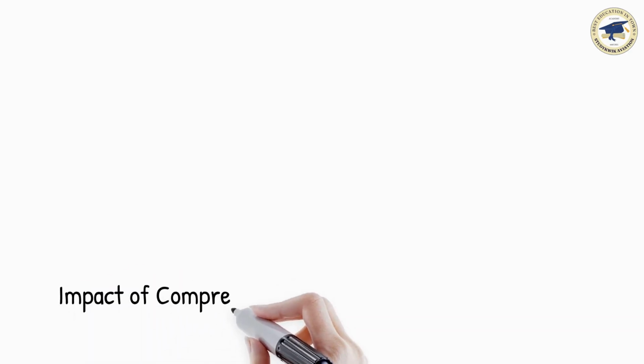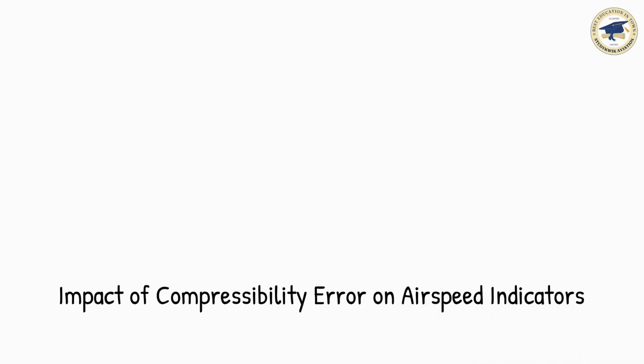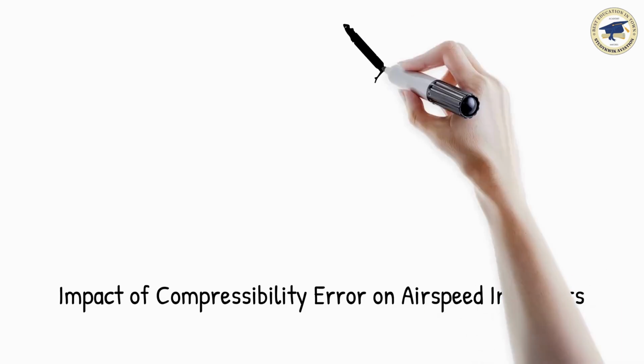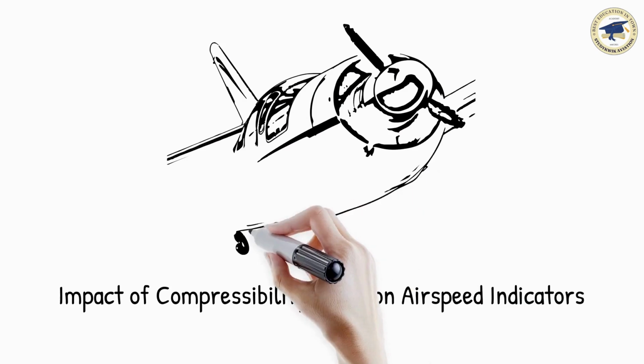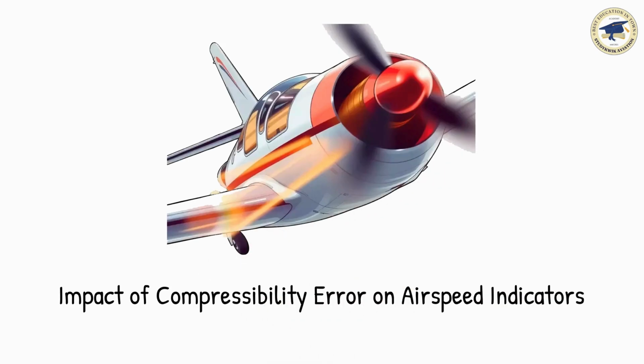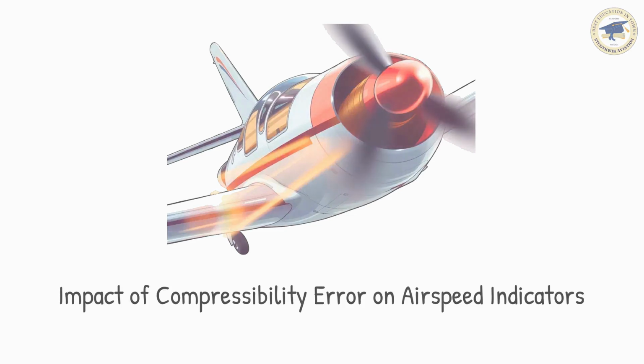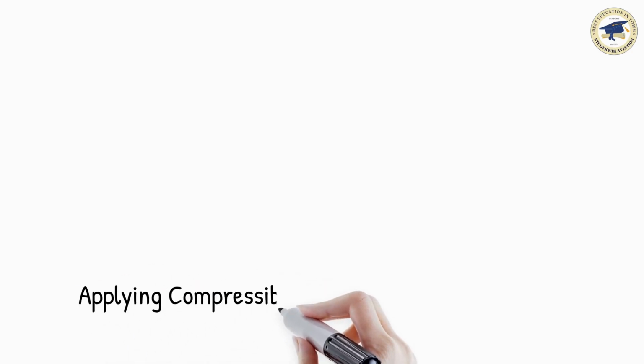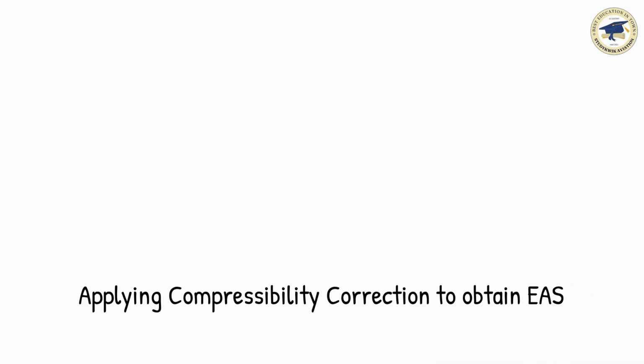But there's one more error to consider, compressibility error. At higher speeds, especially above 300 knots, air becomes compressible when brought to rest in the pitot tube. This compression makes the sensed pressure artificially higher, which causes the ASI to overread. Near the speed of sound, the error can exceed 20 knots. So, before converting CAS to TAS at high speeds, we first apply the compressibility correction.